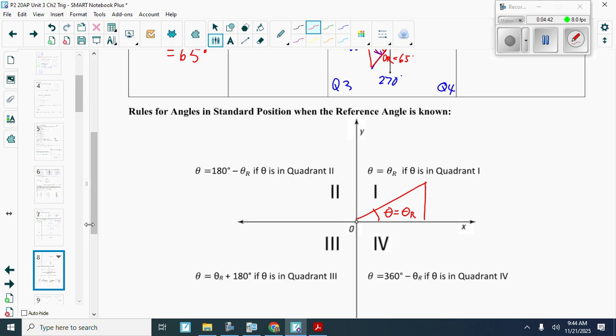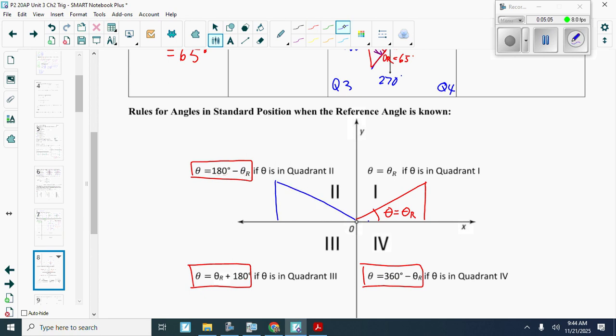In all the other quadrants, you'll have to do 180 subtract the reference angle, then 180 plus the reference angle, and then down here, you'll do 360 subtract the reference angle in order to get those. So you can remind yourself that for this one, this is your standard angle, this is your reference angle, and you can see how to get those.